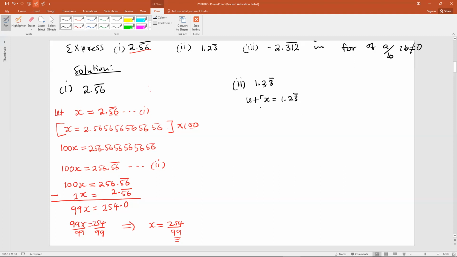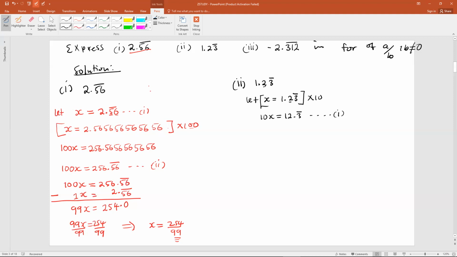So what you do is, how many numbers are before the repeating number? There is just one number there. So you are going to multiply this by 10. When you multiply that, it will be 10x is equal to 12.3 bar. Now you can call that equation 1. You get me right?